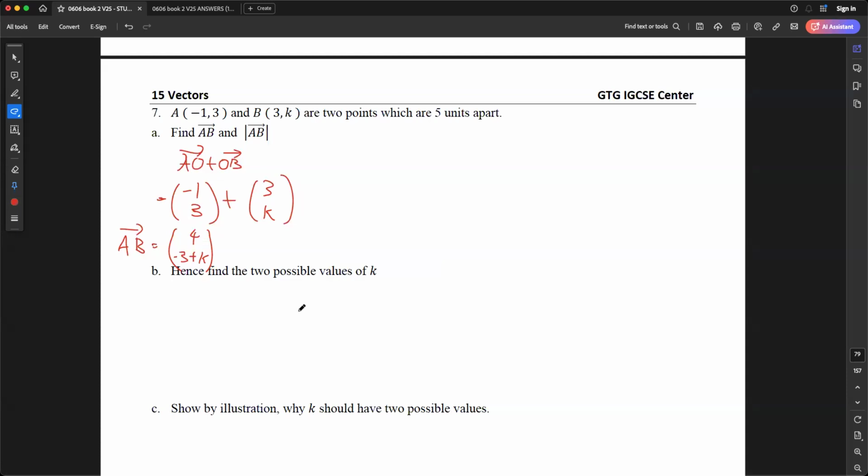Even modulus 4 and 3 plus K. 4. Here the AB also, right? Okay. Just put it inside of this equals. Put it inside a modulus. That's AB modulus.